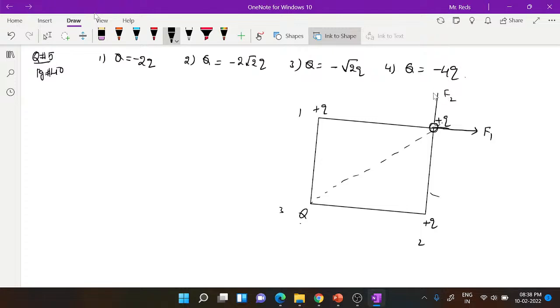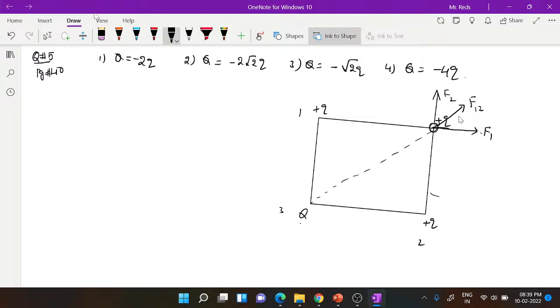Got it? And we don't know the nature of this charge. If it is positive, it will repel. If it is negative, it will attract. But the condition is net force on this is zero. The resultant of these two forces is supposed to be in this direction, f12, or f3 also we can consider.